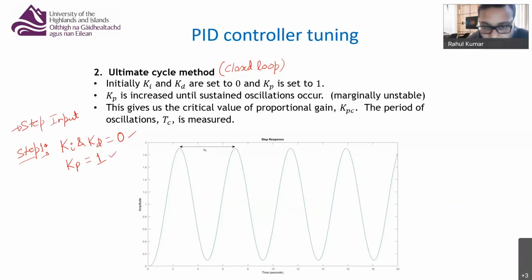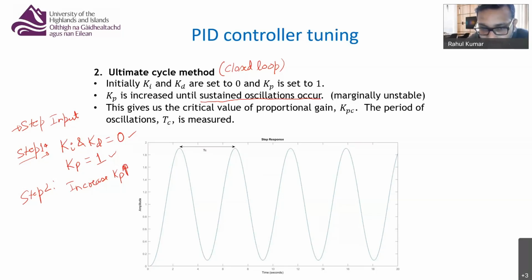Now step 2 is to increase the value of Kp. Okay, we increase the value of Kp until we get sustained oscillation. In the graph on this slide, as you can see, you have sustained oscillations. These oscillations are neither reducing nor increasing, right?